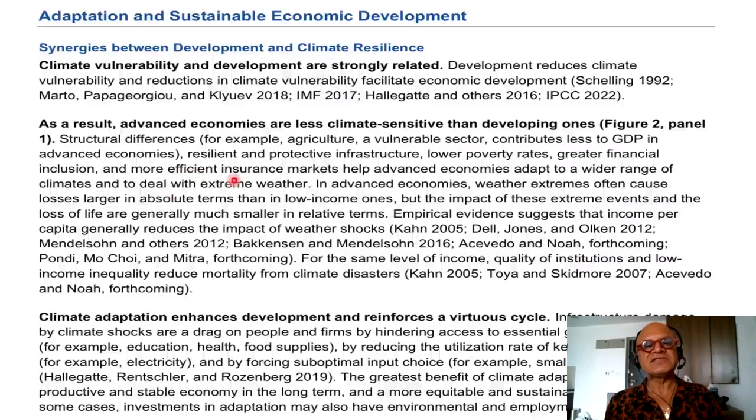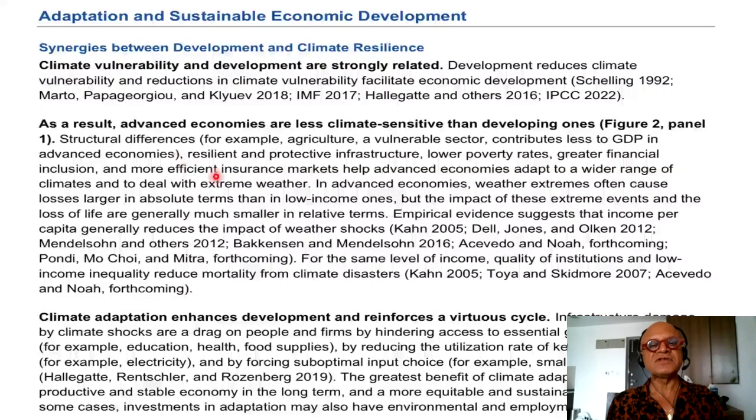As a result, advanced economies are less climate sensitive than developing ones. We will see this in a very nice figure. So there are structural differences. For example, agriculture, a vulnerable sector, contributes less to GDP in advanced economies compared to, let's say, India, where the contribution to GDP is not high, but the employment is almost 60% from the agricultural sector.